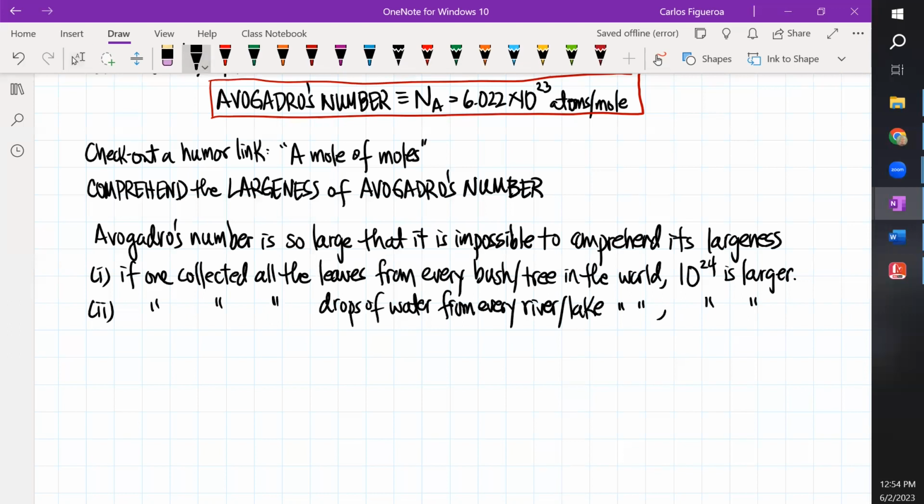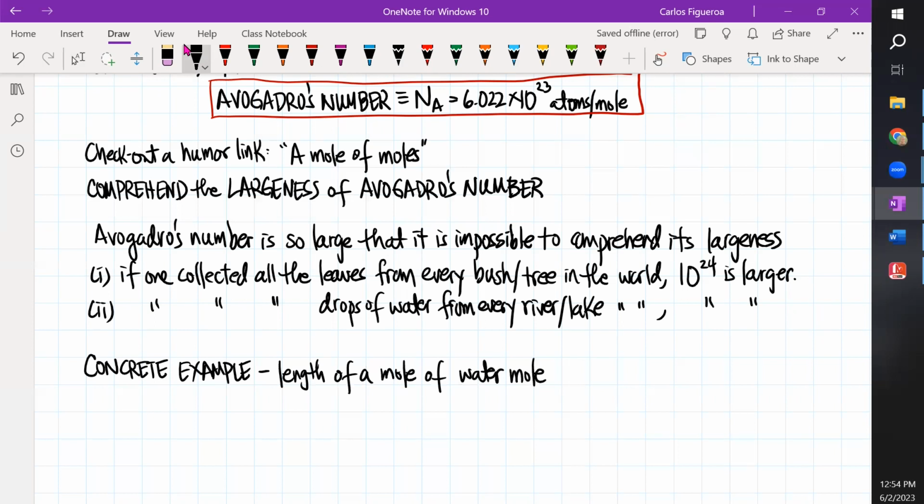Because this is almost impossible to really understand, I want to do a concrete example so that you see that I'm not making this up. So here is the length of a mole of water molecules. So, of course, when we talk about water molecules, it's H2O.